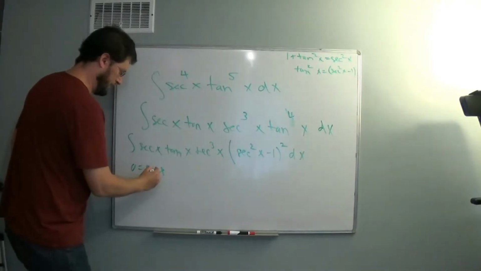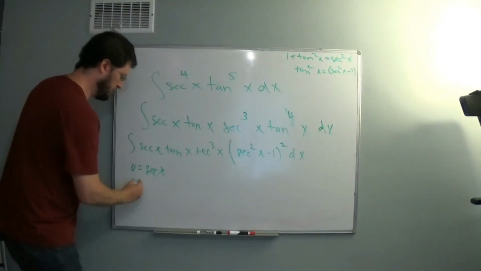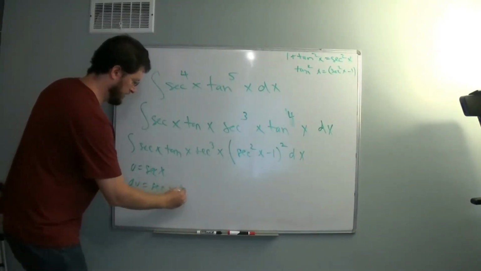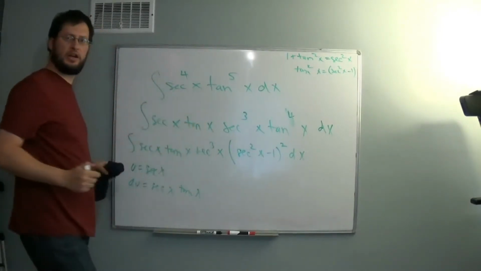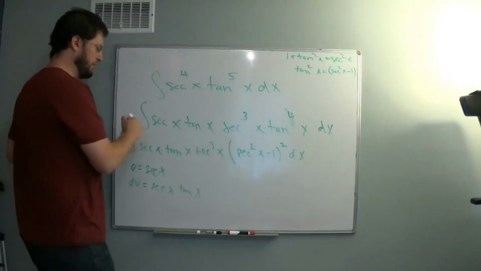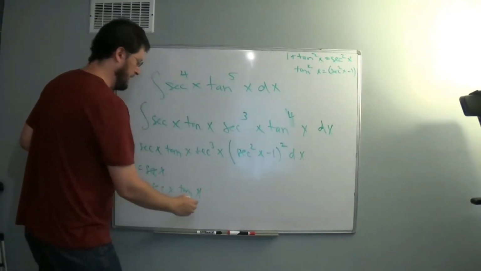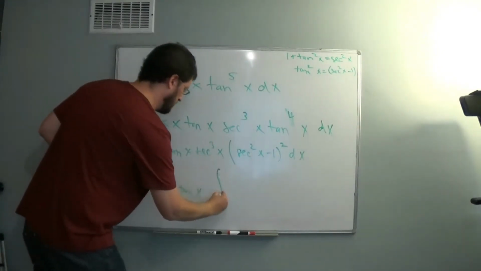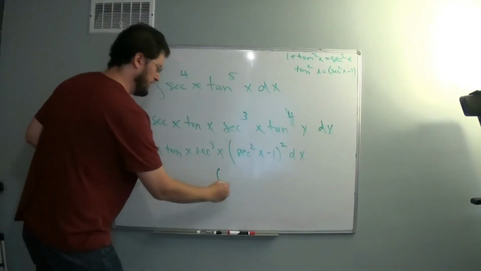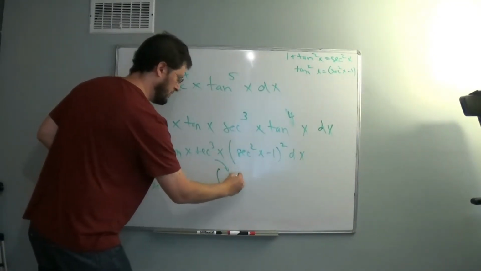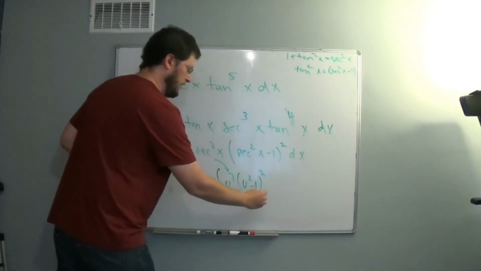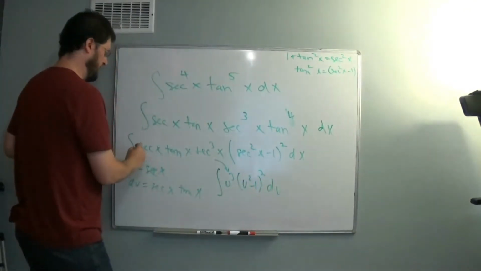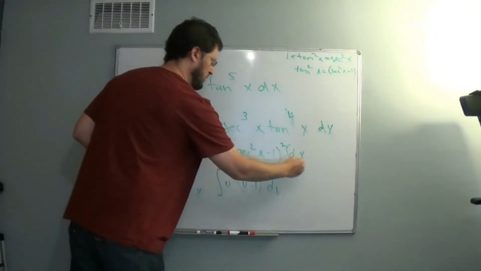So if u is secant x, du is secant x tangent x, which is why we took one secant and one tangent from our initial integrand. And then the integral becomes u cubed, u squared minus 1 squared, and then du.